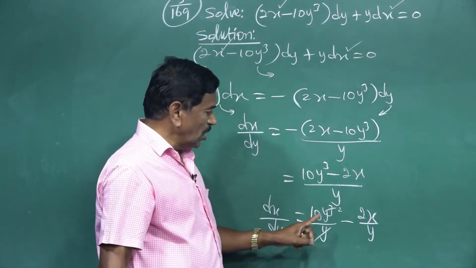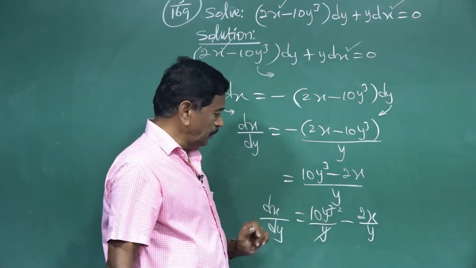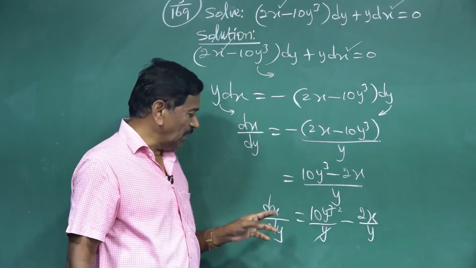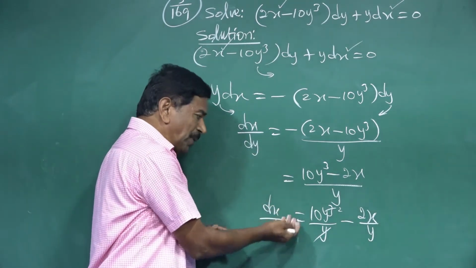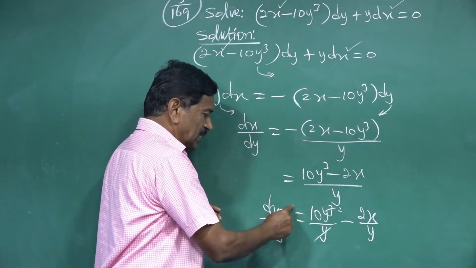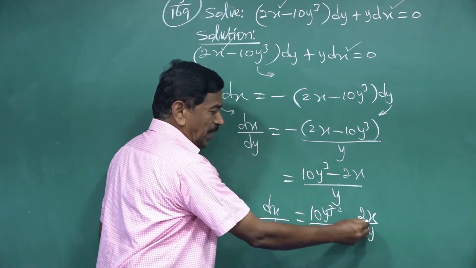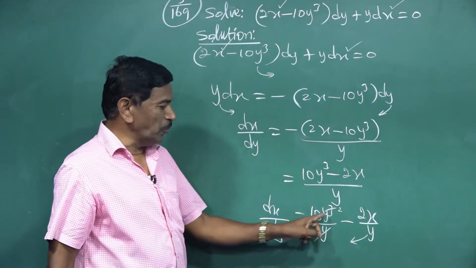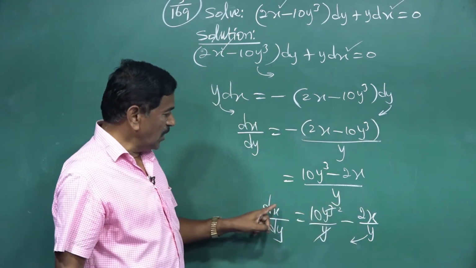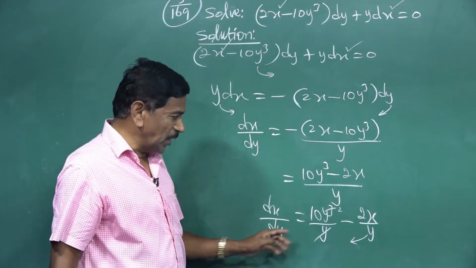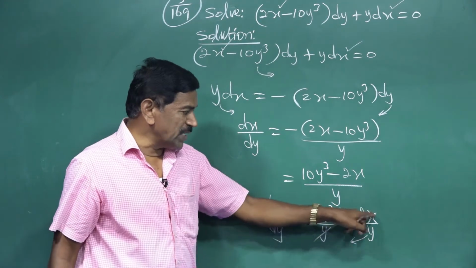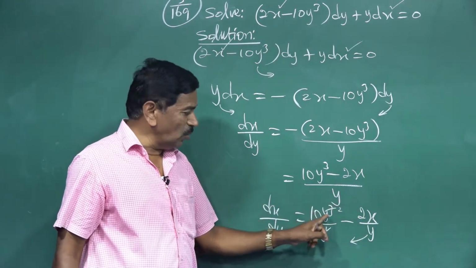We need the form dx by dy plus Px, so the x term should be on the left side. Bring this minus to the left side, and keep 10y square on the right side. So the left side is dx by dy plus 2x by y is equal to 10y square.